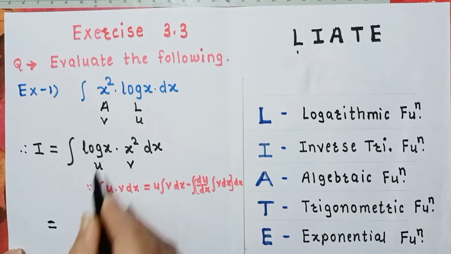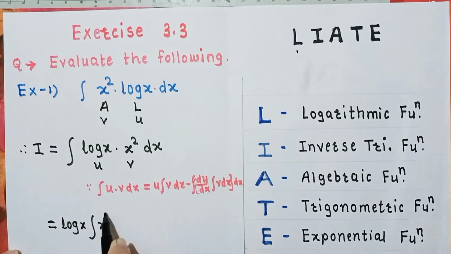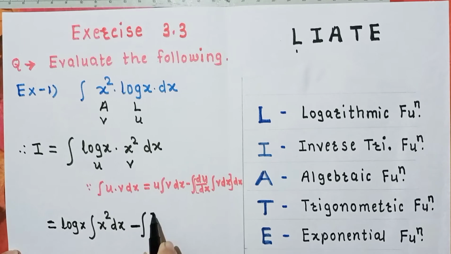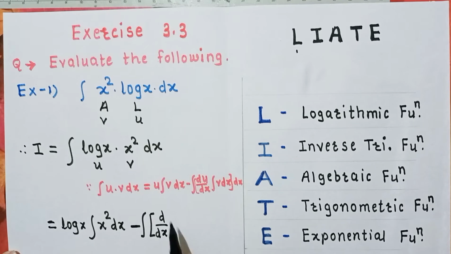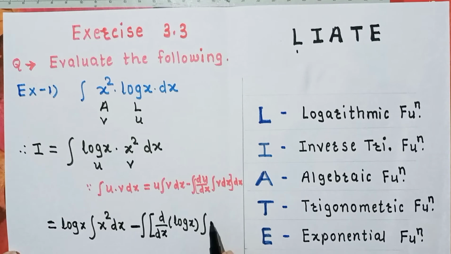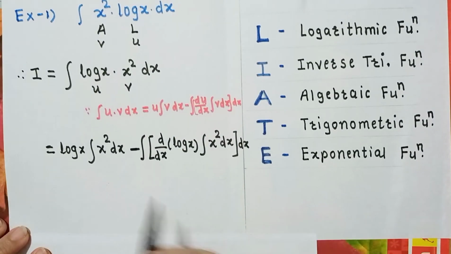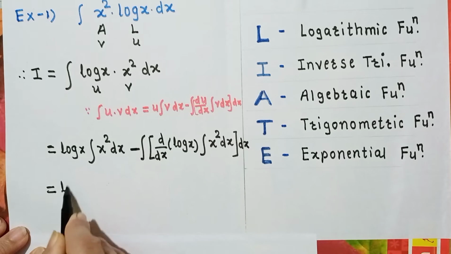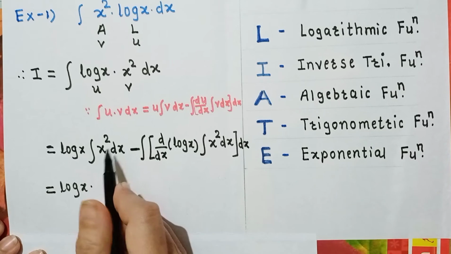First u as it is, that means log of x, times the integral of v, x square dx, then the middle sign minus, then the big integral of the derivative of the first function, d by dx of log of x, times the integral of v, x square dx, and dx. Now find the integral and the derivative. So log of x as it is, and for the integral of x square, we use the x raised to n formula.